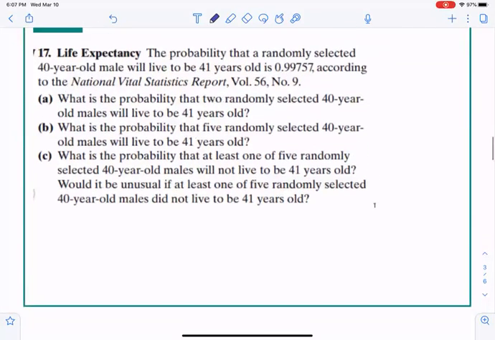So P R stands for probability, and X is the event that a randomly selected 40-year-old male will live to be 41 years. And I'll call that probability simply P.